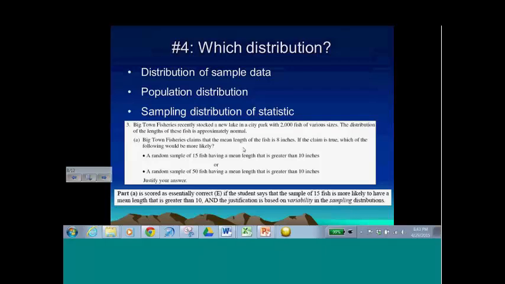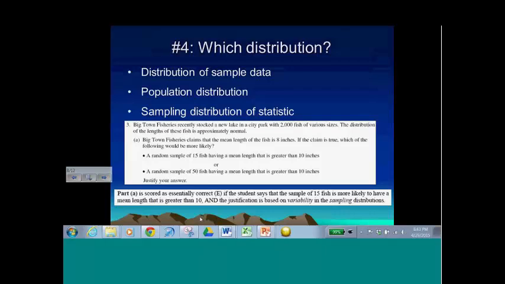So this is actually a question about the distribution of the sample mean. And you can see from the scoring guide that part A is scored essentially correct if the student says that the sample of 15 fish is more likely to have a mean length greater than 10 because there's going to be much more variability in sample means for samples of size 15 than for samples of size 50.